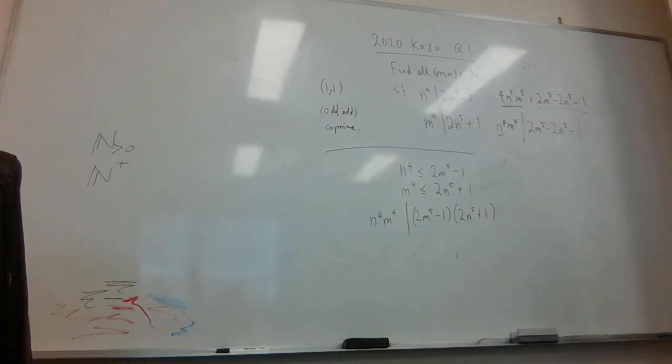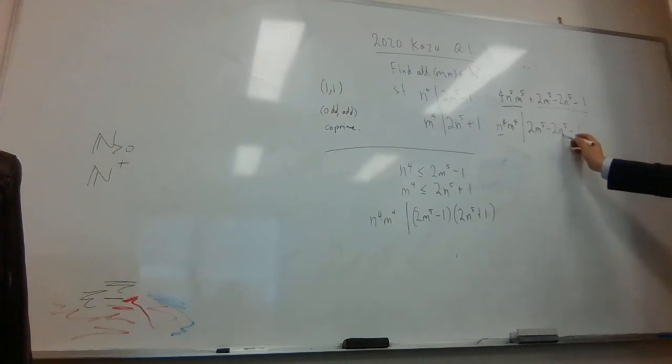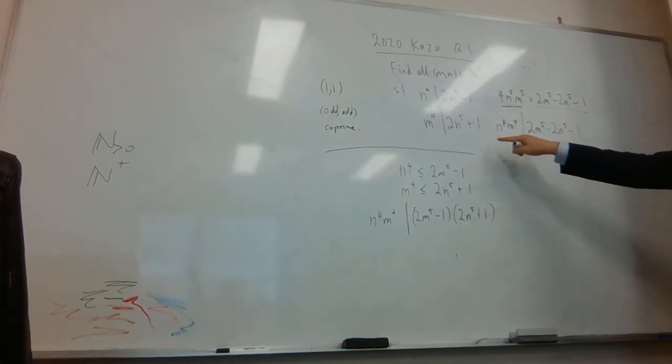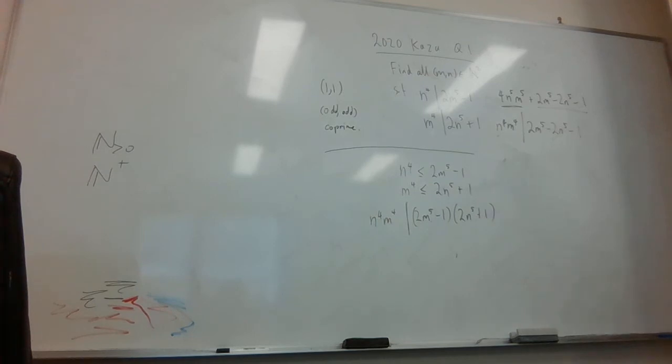But n to the 4 also divides 2m to the 5 minus 1, which means that n to the 4 must divide minus 2n to the 5. Oh, clearly, because it has n to the 5. Oh wait, never mind. It's good that you're playing around with it. I was trying to manipulate it, but then it just became silly. Okay, so what can we do?